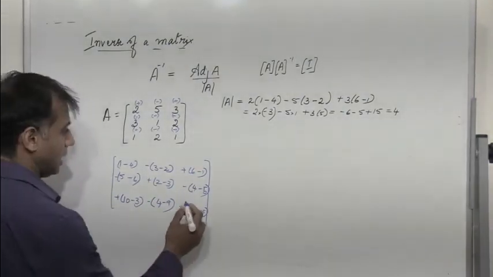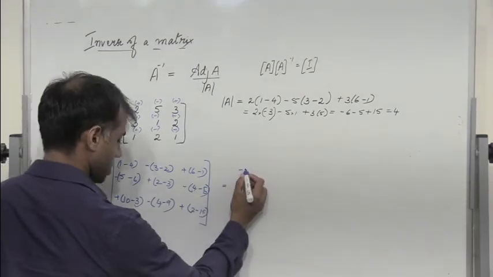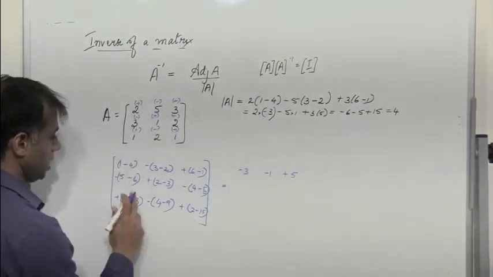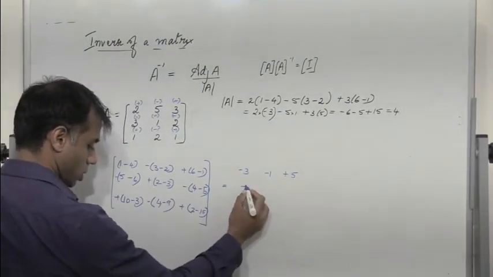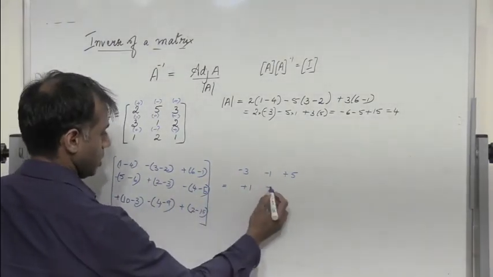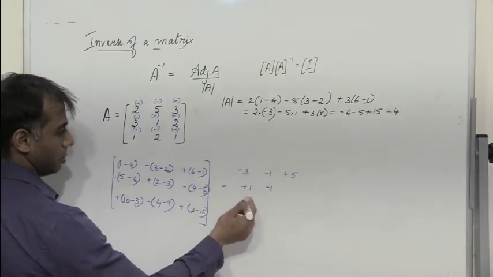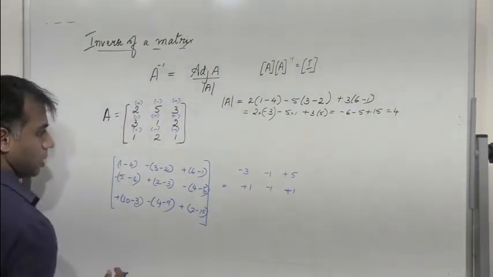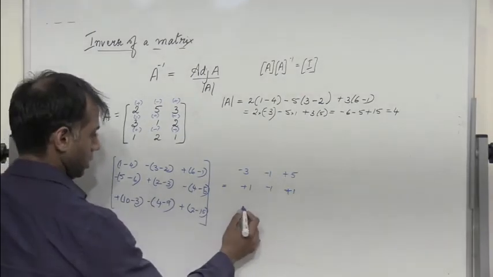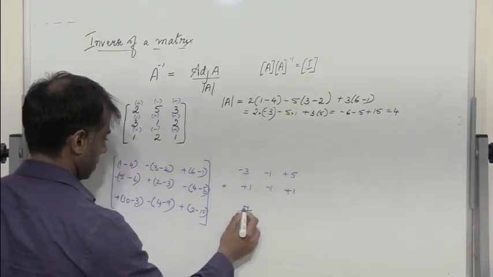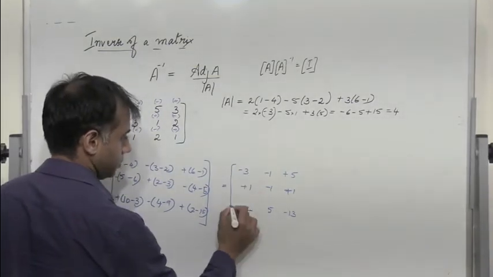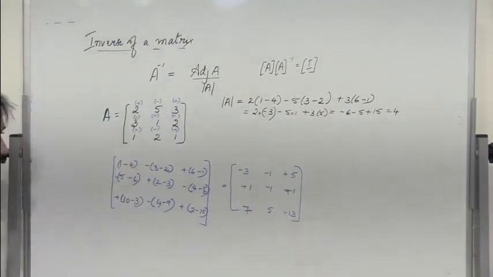So we get minus 3 minus 1 plus 5. So here this is plus 1 minus 1 and then plus 1. Okay, so here we have 7, 5 and then minus 13. So this is what we get.